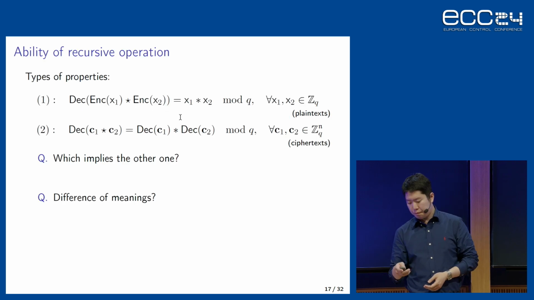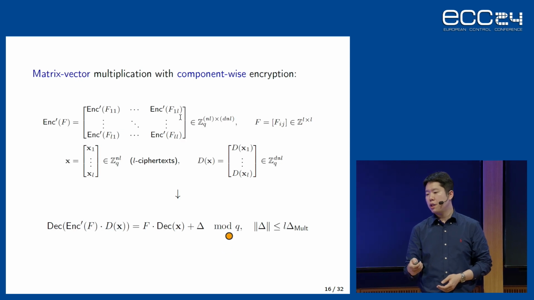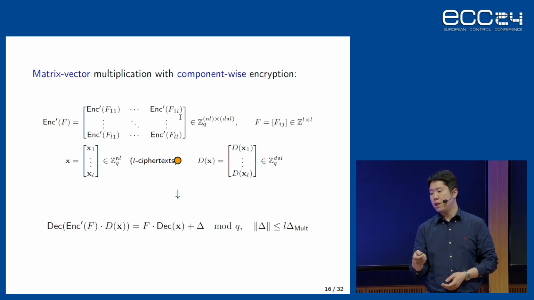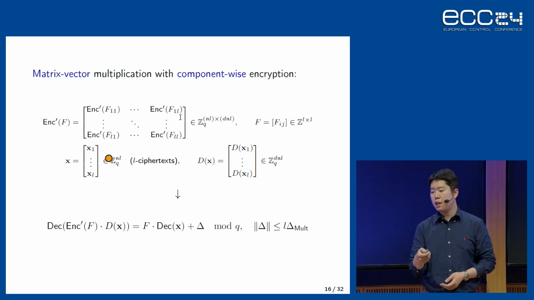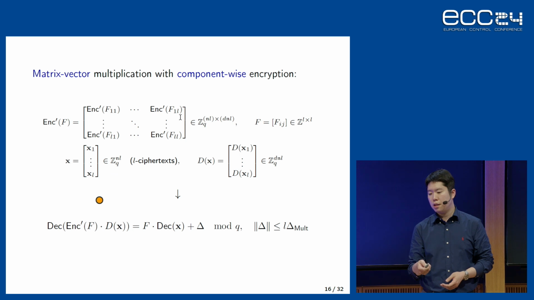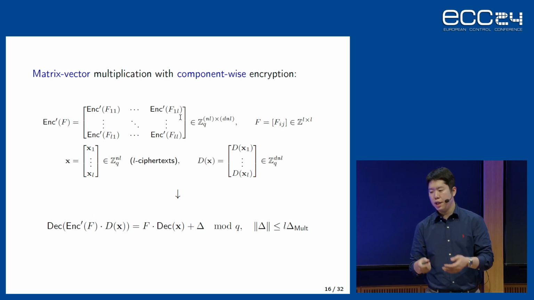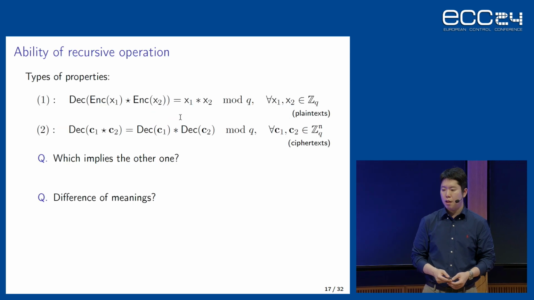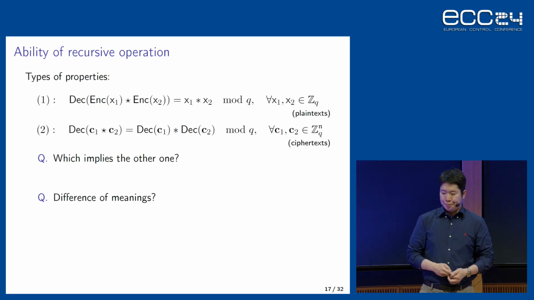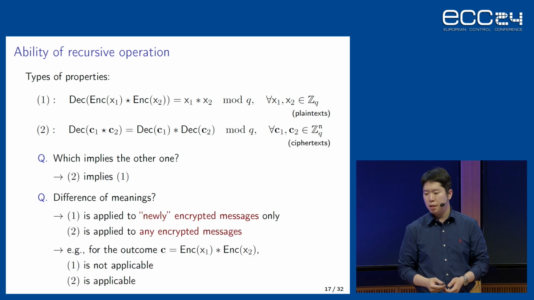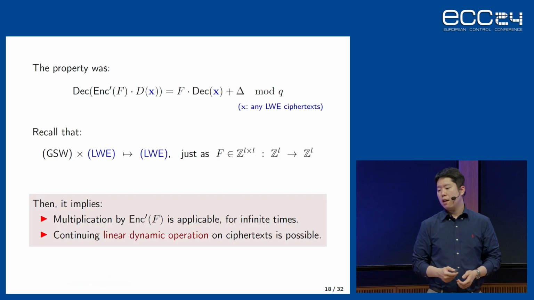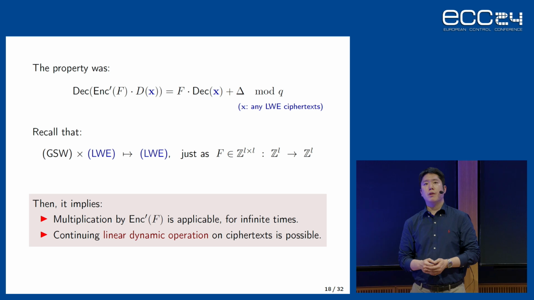By component-wise encryption, you can encrypt a matrix using the GSW method, and given an LWE type ciphertext, you can do the matrix multiplication in the same way. Because of time, I would like to skip this part, but what I want to deliver was the message.